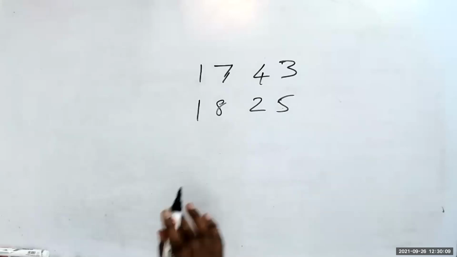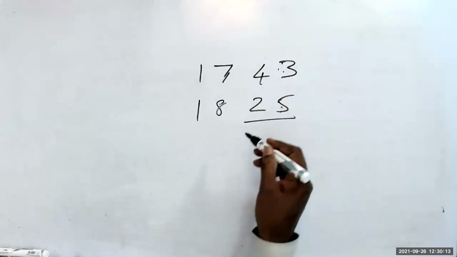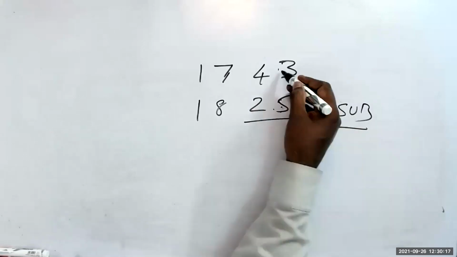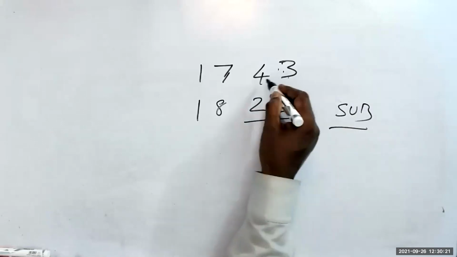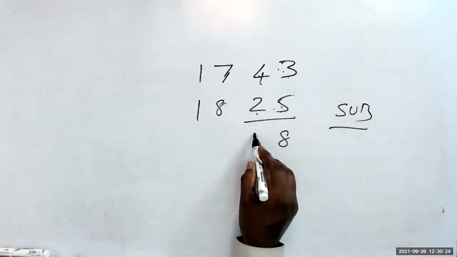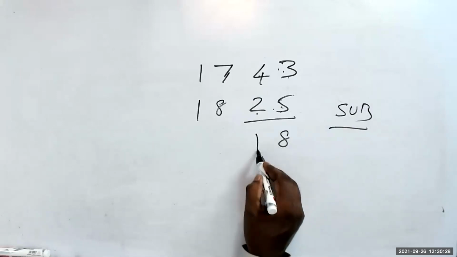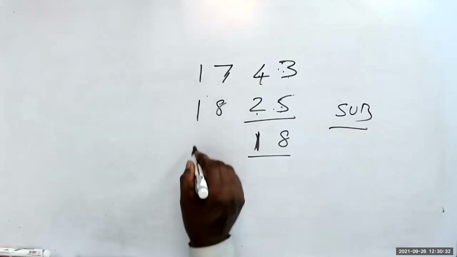Now I first do the operation. When I do this subtraction, first I do a plain subtraction because it's only the first byte. I know that. When you do subtraction, it becomes 8, it becomes 2, 1. Now when I do the second one, I do sub with borrow.